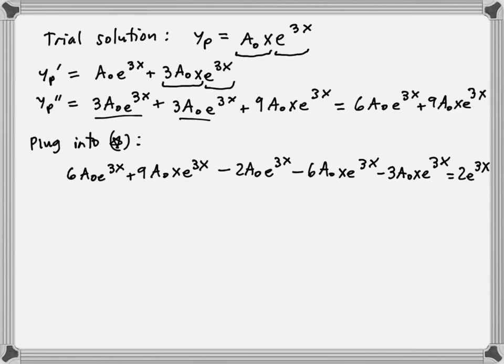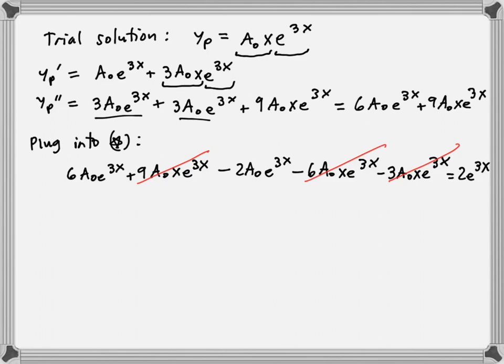Okay. So what happens? Well, let's get rid of the e to the 3x, right? Because I can divide the entire thing by e to the 3x, and that's going to be gone. But also, we notice that 9a naught x e to the 3x actually cancels with these two. These are all like terms and they go away.